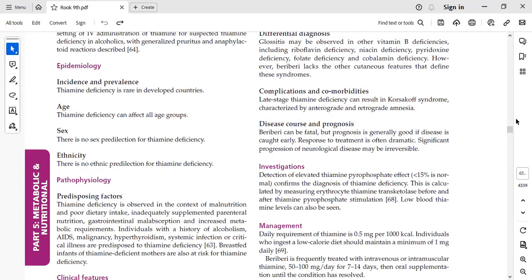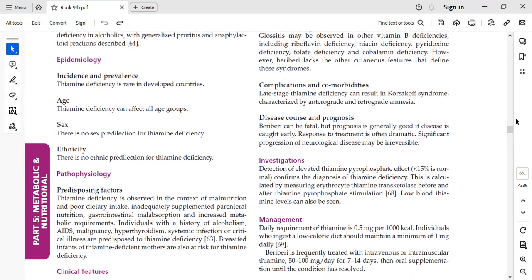In infantile beriberi, there is prominent aphonia due to involvement of the vagus nerve, and there is also cardiac involvement and absence of the deep tendon reflexes. Regarding the complications, the late complications of thiamine deficiency include Korsakoff syndrome.